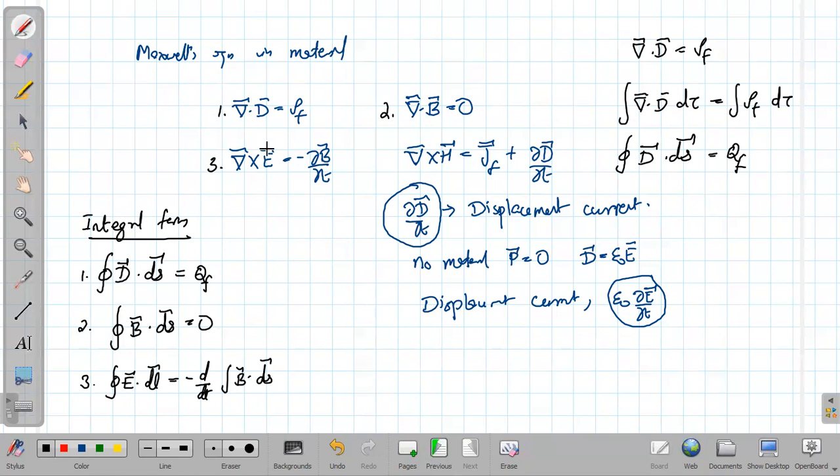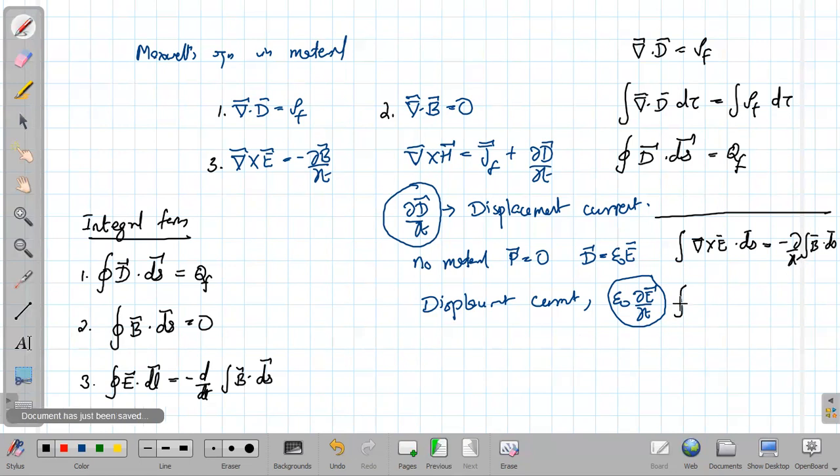Now the left side, the surface integration of a curl, can be converted into a line integration. If you want those steps, we can write here: the integral of (∇×E)·da equal to minus ∂/∂t of the integral B·da. We have just taken the surface integration on both sides.